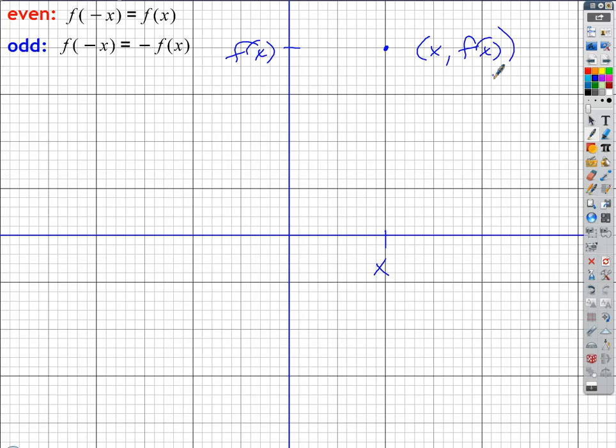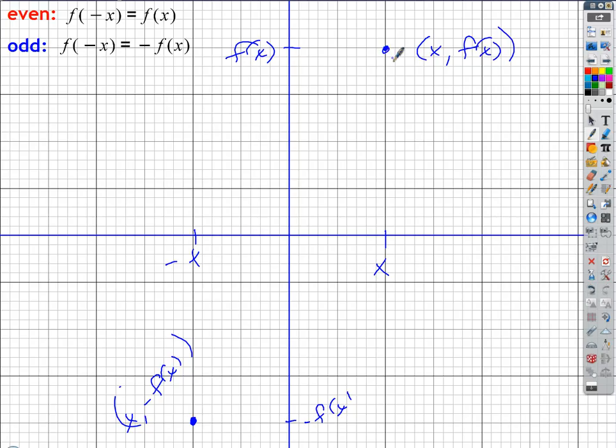If I go back negative x, my y value is going to be the opposite of f of x. So instead of going up that far, I have to go down that far. How many is that? 1, 2, 3, 4. So right down here, right there. There's the point x, negative f of x.